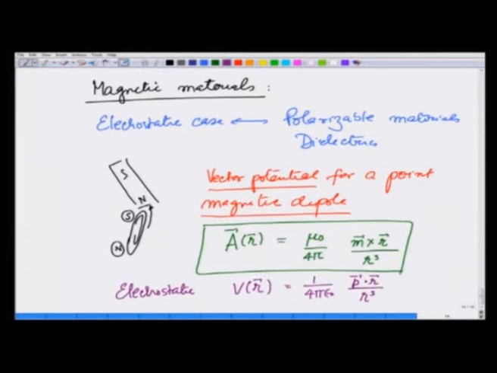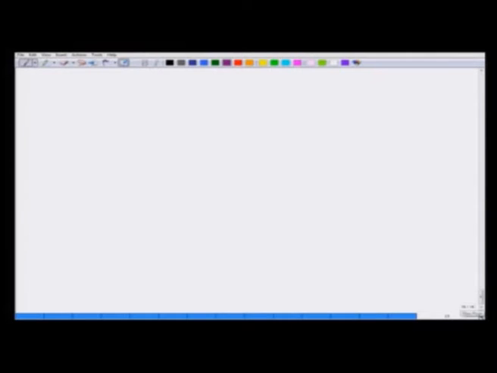So, what is happening when you go to the magnetic field is that this dot product is getting replaced by a cross product, and instead of the electric dipole, now I have a magnetic dipole m. So, let us verify this. We are saying that if I have a magnetic dipole m sitting at the origin, the vector potential due to this is mu 0 over 4 pi, m cross r over r cubed.